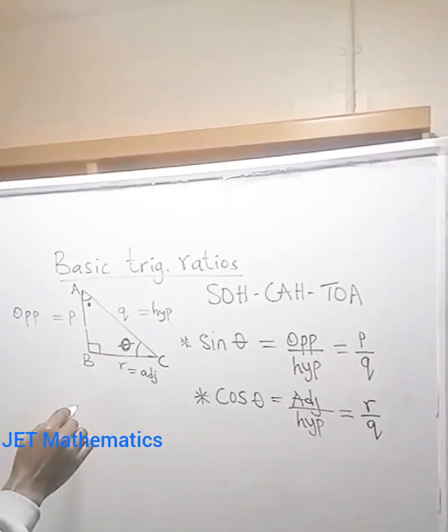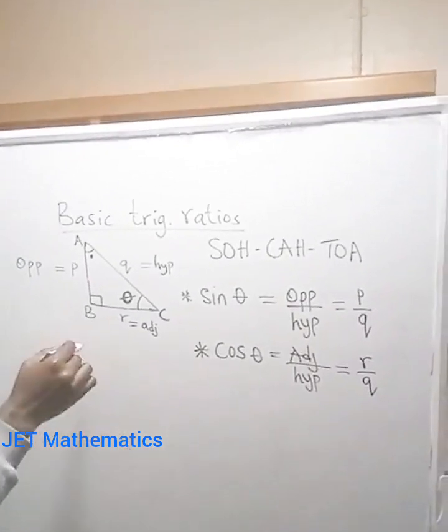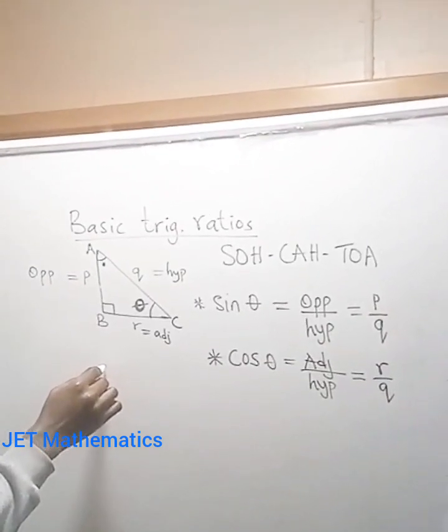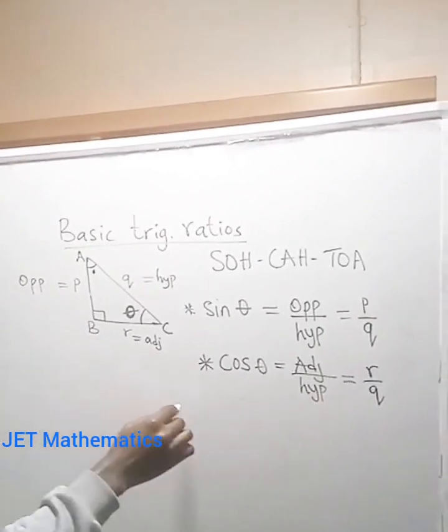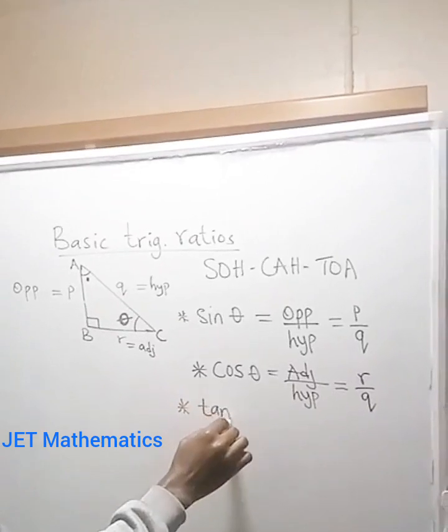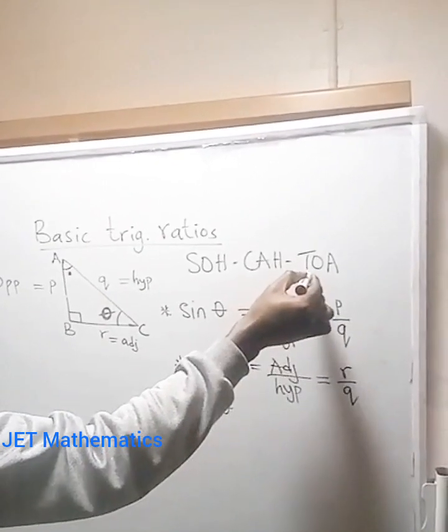and lastly we have the tan theta, which is represented by this T here.